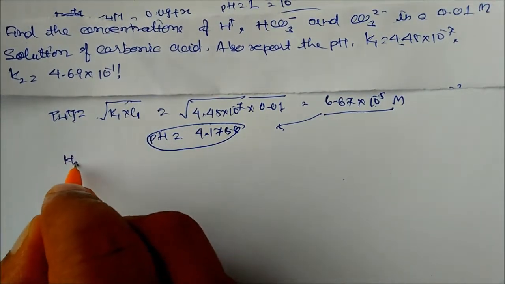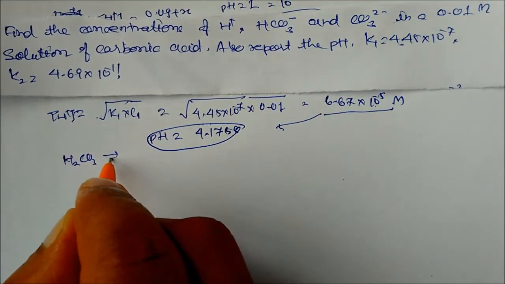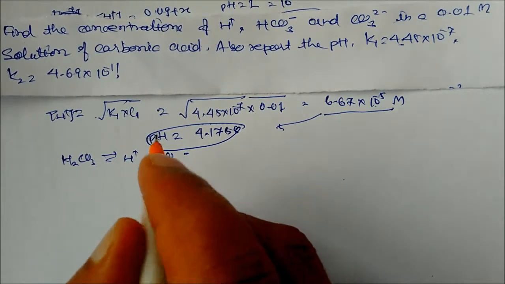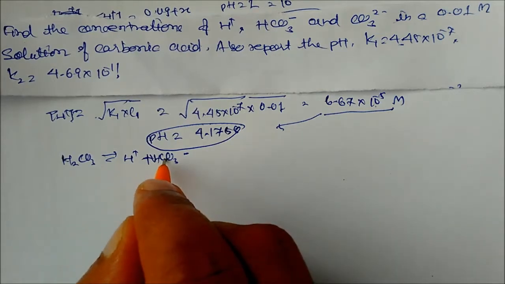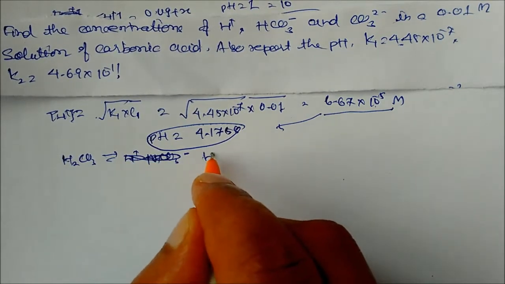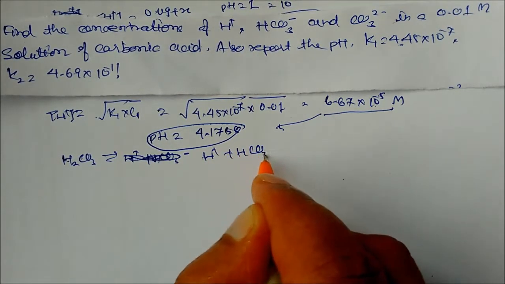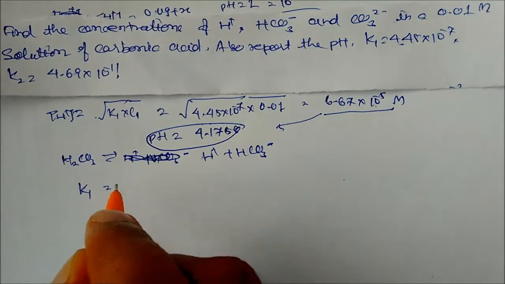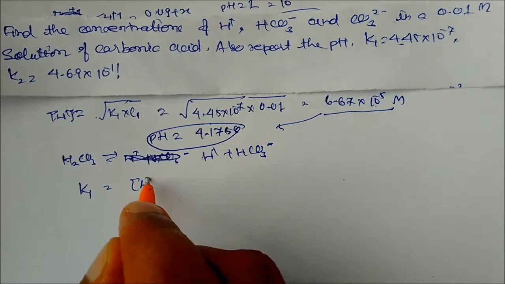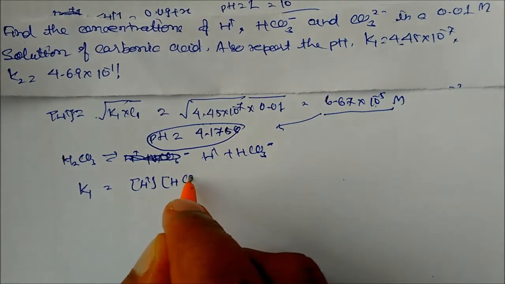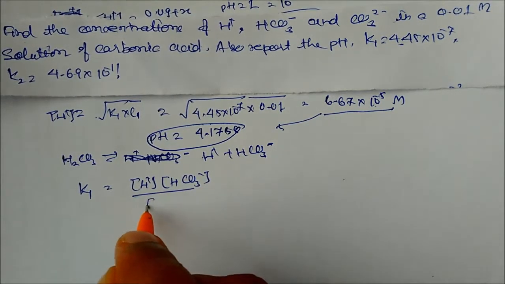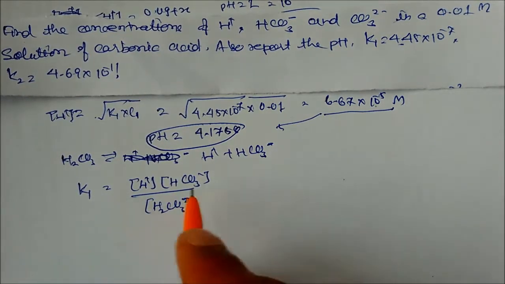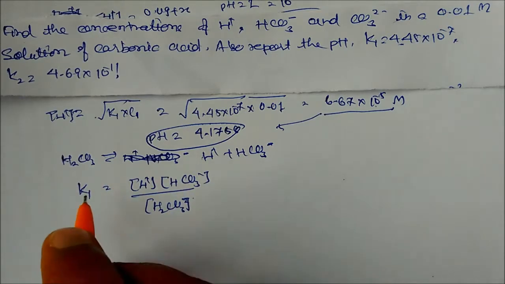Now carbonic acid is a weak acid, so it will dissociate into two parts, that is H plus and HCO3 minus. So K1 will be the concentration of H plus multiplied by HCO3 minus divided by the concentration of H2CO3. This is the equation of H2CO3 to find K1.